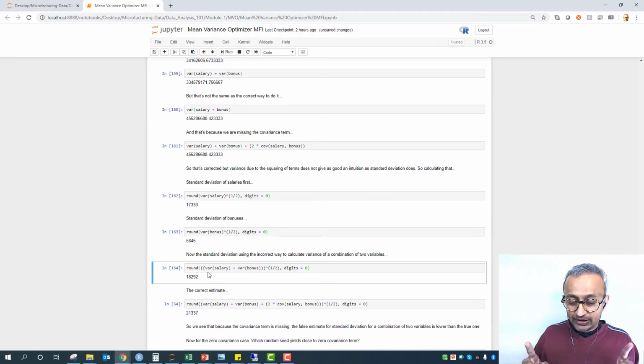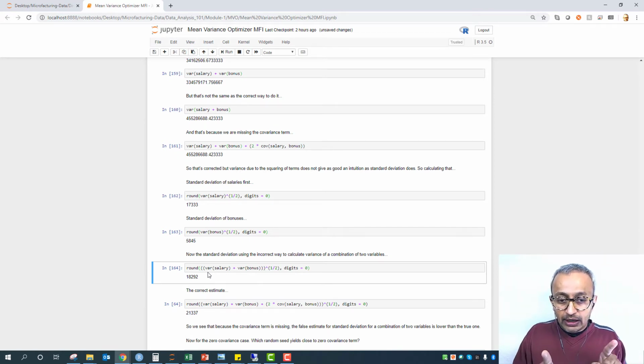Variances add, but if you look at the standard deviations of the individual components individually and add them up, you can technically never add standard deviation. But if you compare the combined standard deviation to these two, it's always going to be lower than the sum of the two individual standard deviations, though you cannot add standard deviation directly.